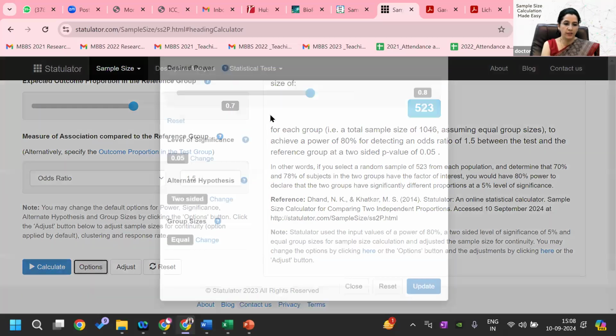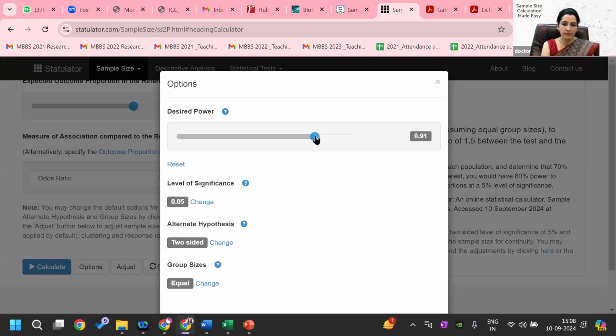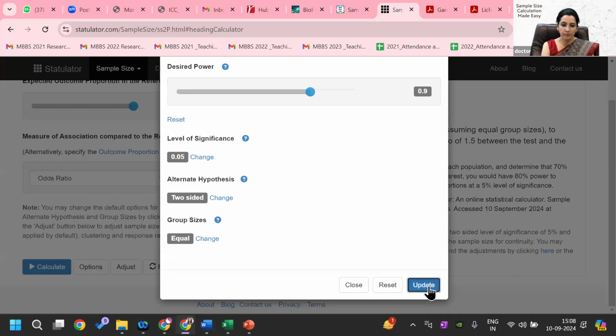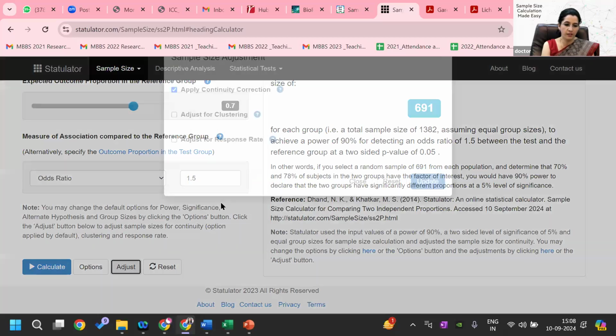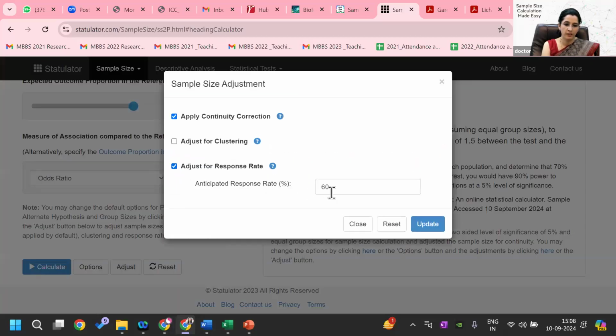But I have to do it at 90% power. So if I keep it at 90, this is the 90% power. Rest everything is same. And then you have to press update. So it is 691. But if you have to adjust it for the response rate, then make response rate as 75%.